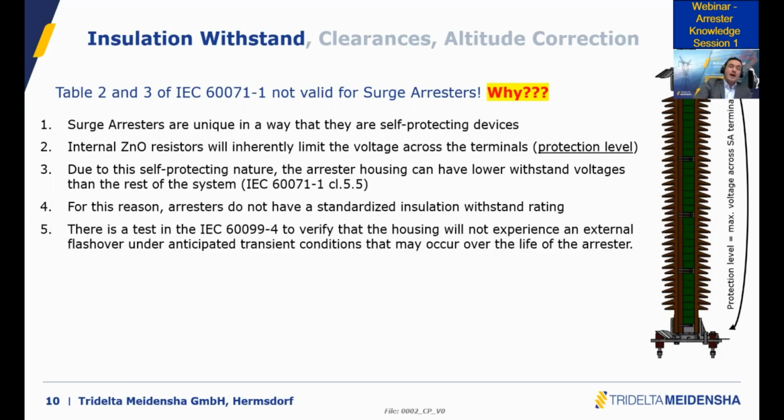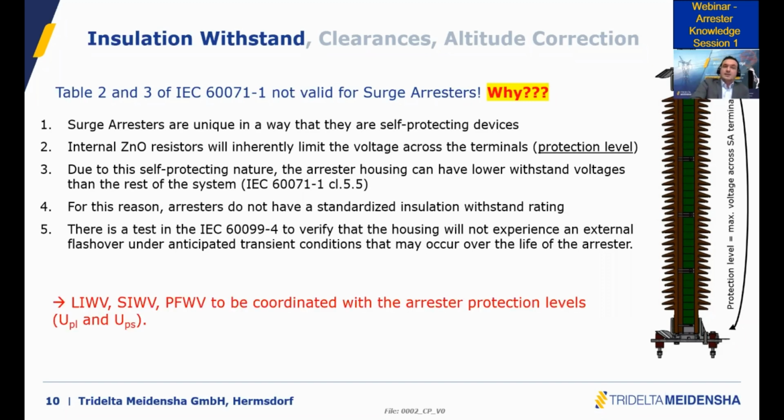And therefore, you have a test in the IEC 60099-4 for the design and testing of surge arresters to verify that the housing will not experience any external flashover under anticipated transient conditions that may occur over the life of the surge arrester. So this is the conclusion of the first step.